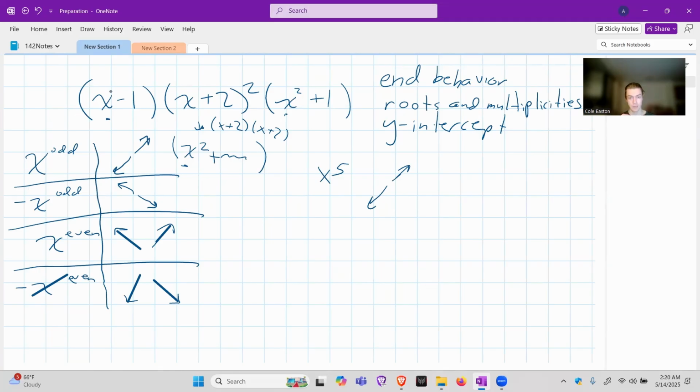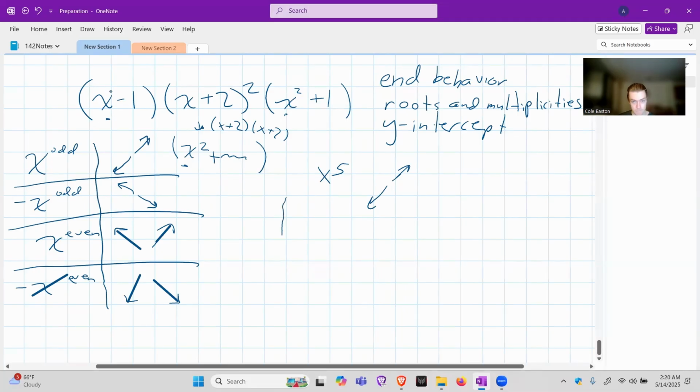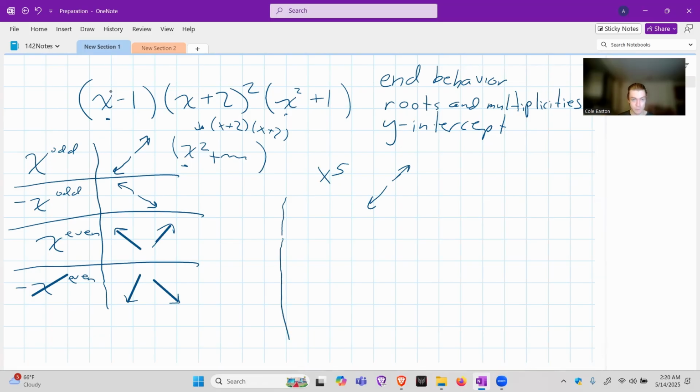So let's start drawing what we have here. I'm just going to make a little mark over here, saying it rises to the right, it falls to the left.